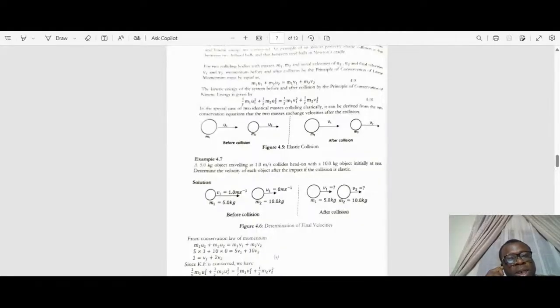One of the objects, mass m2, is stationary. So we're asked to calculate the velocities of both m1 and m2, so we're looking for v1 and v2. It seems complex, but it's not.